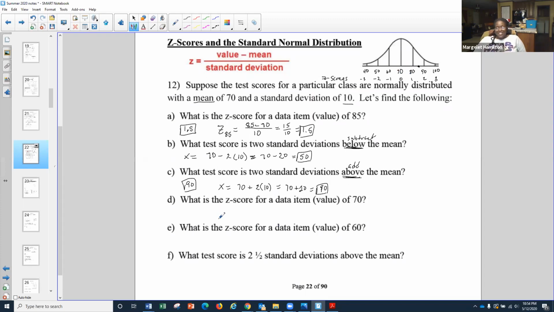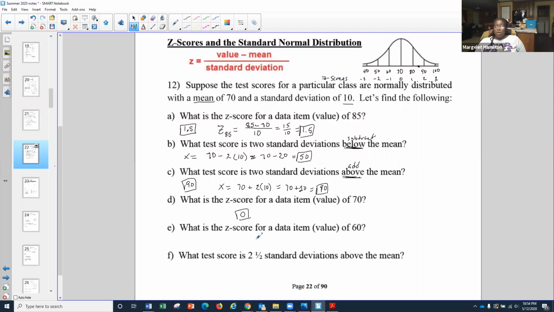Okay, so the z-score for that data item of 70 is 0. It's our mean. Okay, the mean is always going to be 0 for our z-score. Again, you could use the formula to find it. Let's look at the next one.